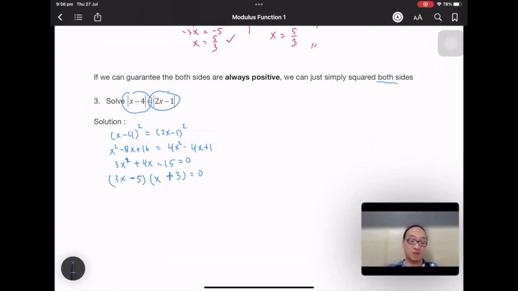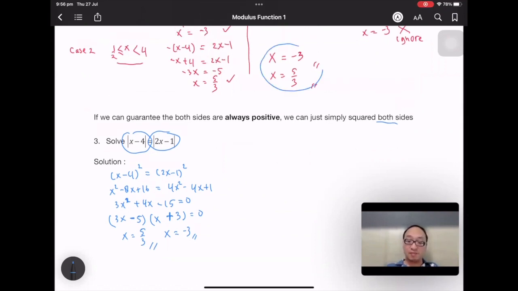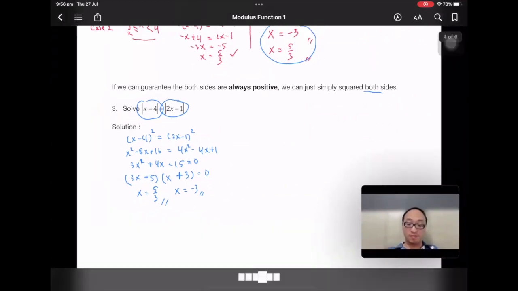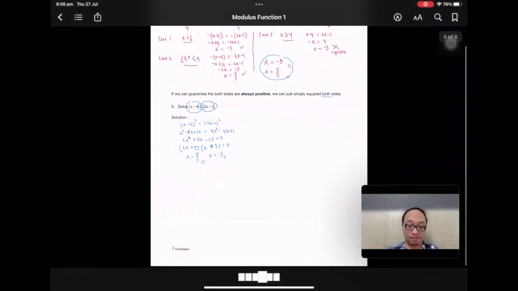So 9 minus 5 is 4. So that means x equals 5/3 and x equals -3. So the answers are the same. That's it.